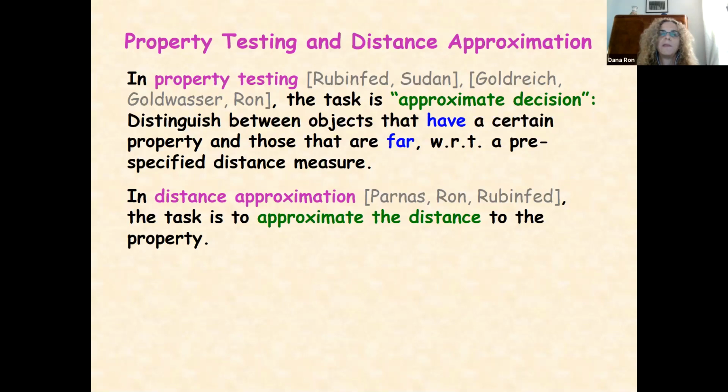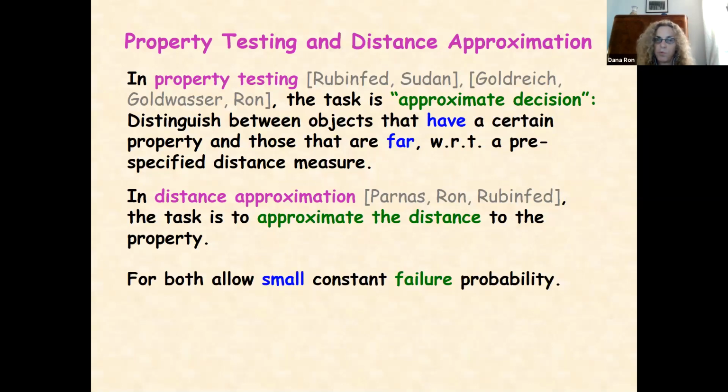There's also a notion of tolerant testing, which I'm mentioning just in case that sounds more familiar. They're closely related, but I'll be talking about distance approximation. For both, I'll stress that we allow a small constant failure probability.